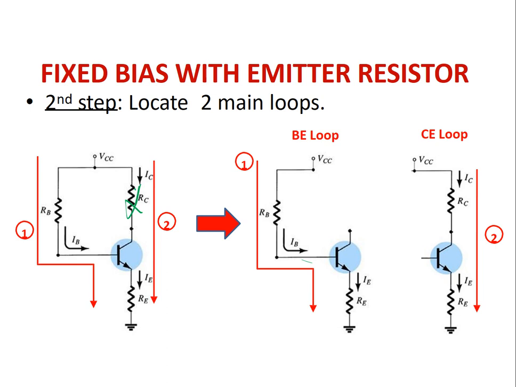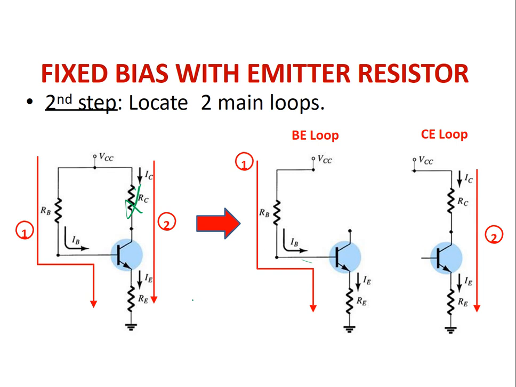Now if you want to write the equation for IB, what will it be? Here the emitter resistor has been added, so the equation for IB will be different.